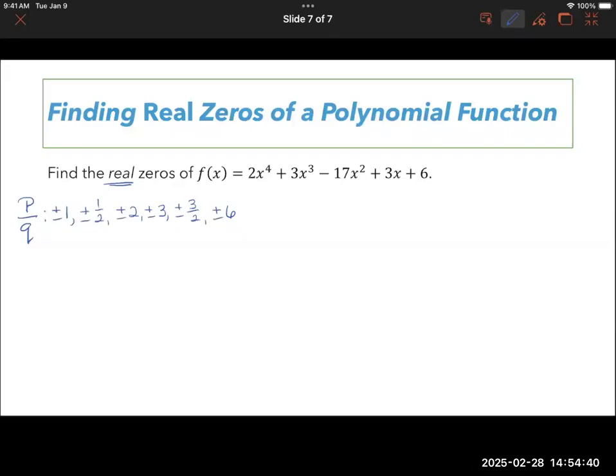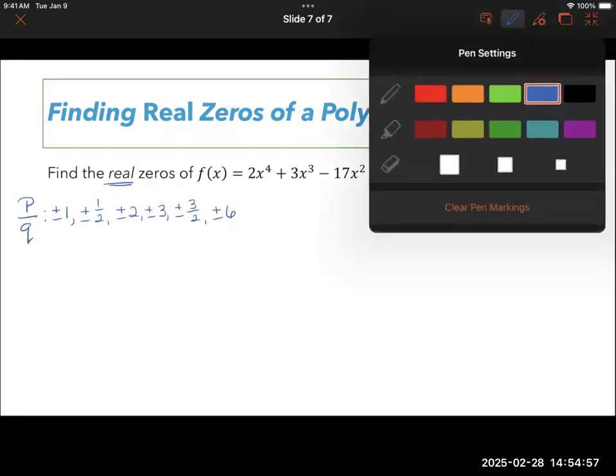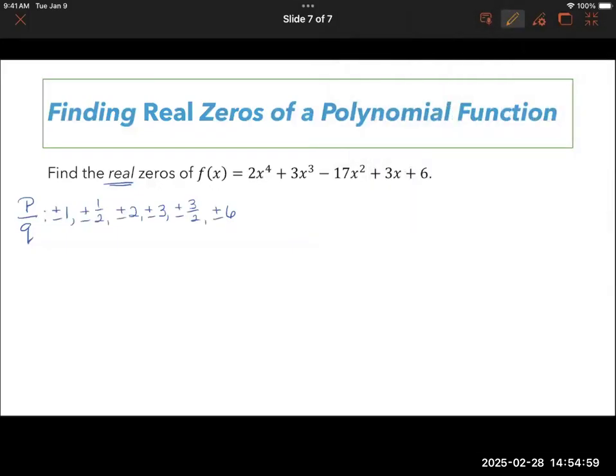All right, so now we need to start testing these. And so we are going to take a look at different values and use our synthetic division to test them out. So we've got 2, 3, negative 17, 3, and 6 for our coefficients.